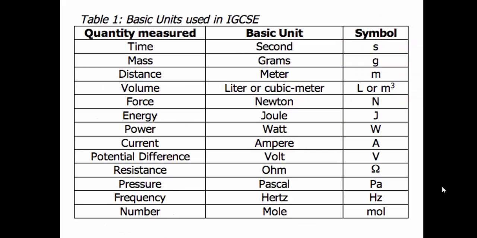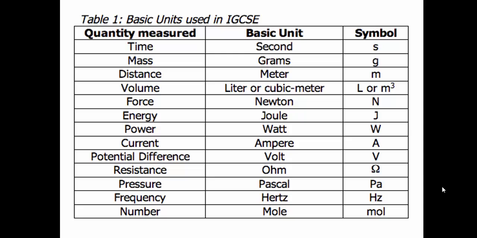Now, there are basic units that these measurements are made in. For example, in time, you can simply use seconds. Mass, we use grams. Now, it is true the units between different civilizations, like the Egyptians did not use grams, they used some other unit, but they did measure mass just like we do.